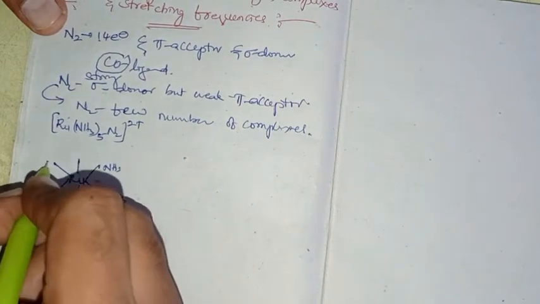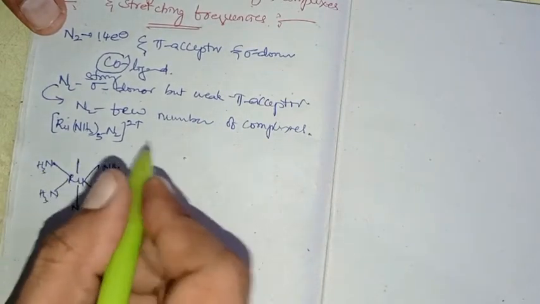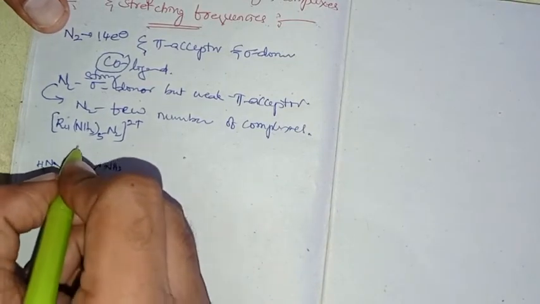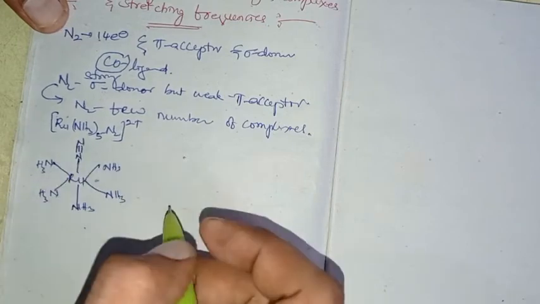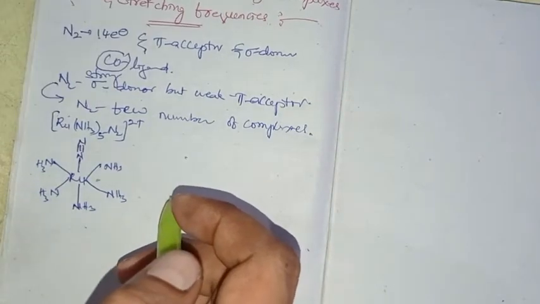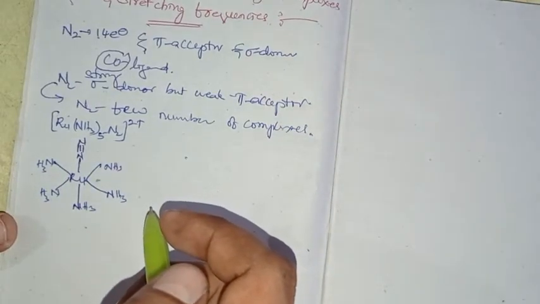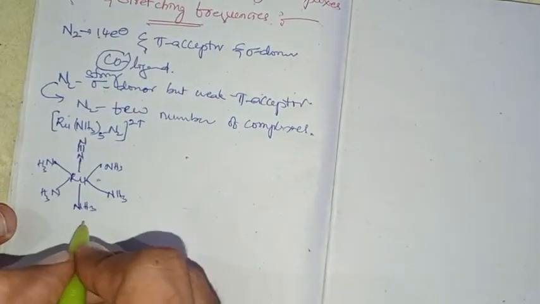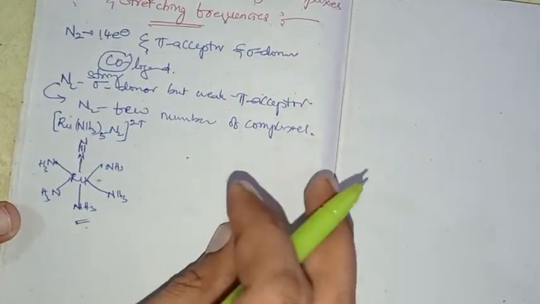The 5 amines occupy 5 sites of the octahedron, and one site is occupied by one of the dinitrogen's nitrogens. Thus the complex exists.